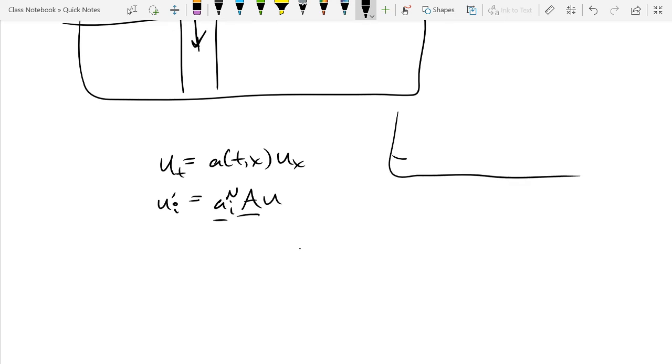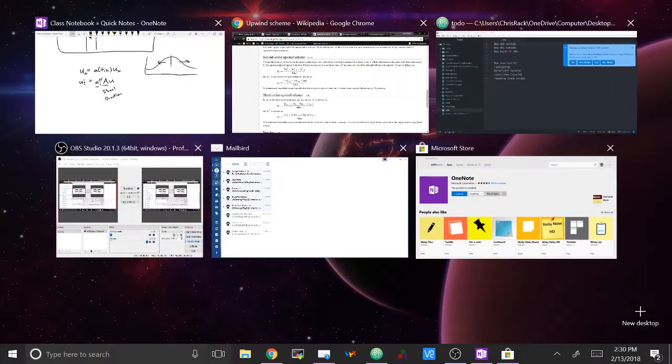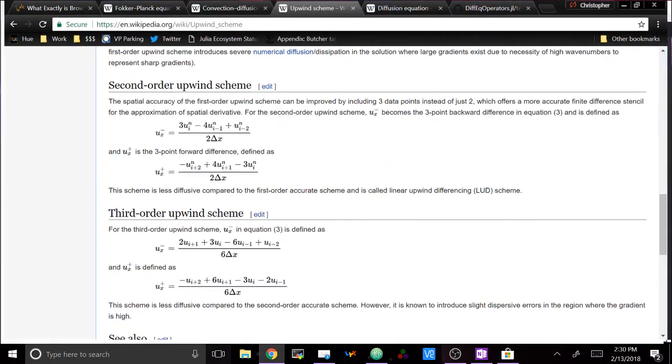So given different a's, we can have it moving forward here and backwards over here. And so what we need to do is not only know what the stencil is, but it also needs to know the direction.